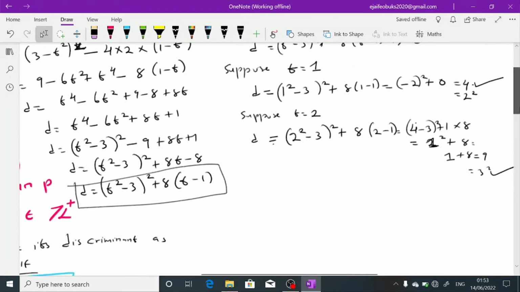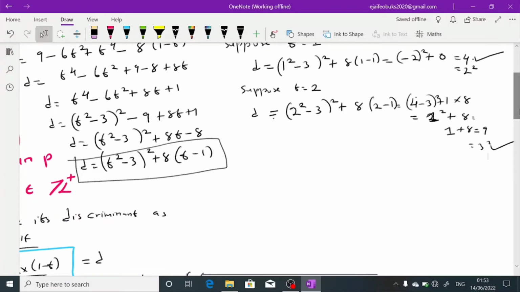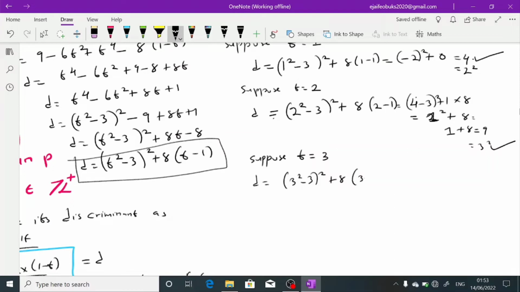Let's say suppose t is 3. This is (3 squared minus 3) all squared plus 8 times (3 minus 1).